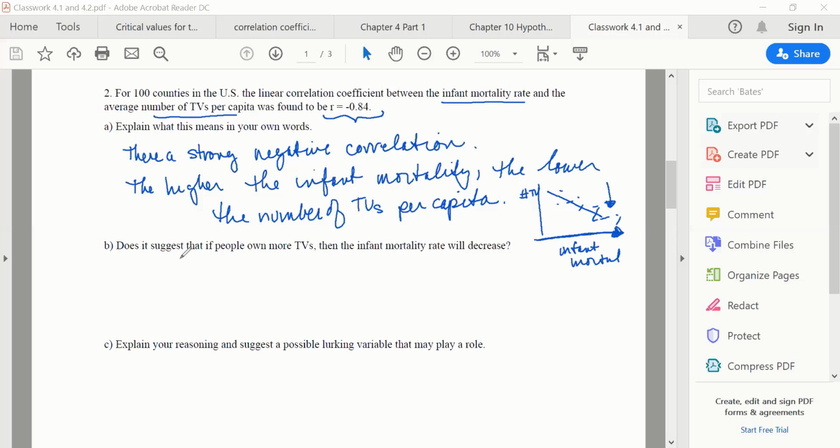So it does not suggest that if people just buy more TVs, it will solve the problem. So the answer is no. These are related, but one doesn't cause the other.